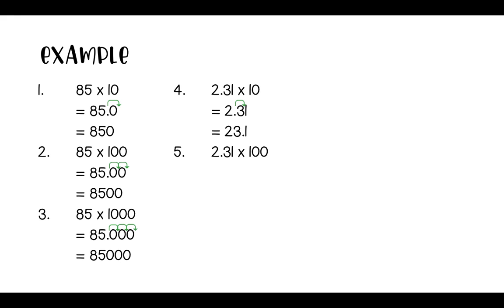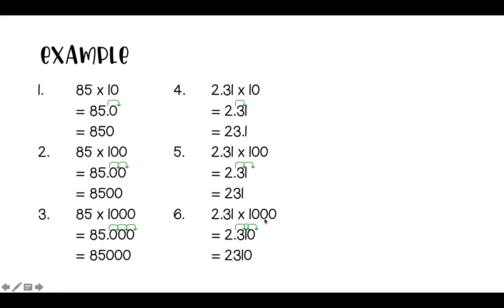So this one again, we're moving our decimal point 1, 2 places because we've got 2 zeros in 100, and we end up with 231. And our final one of 2.31 times 1000, I've put an extra 0 there because otherwise there's not enough places to move. And I go 1, 2, 3 because there's 3 zeros in 1000, and we end up with 2,310.